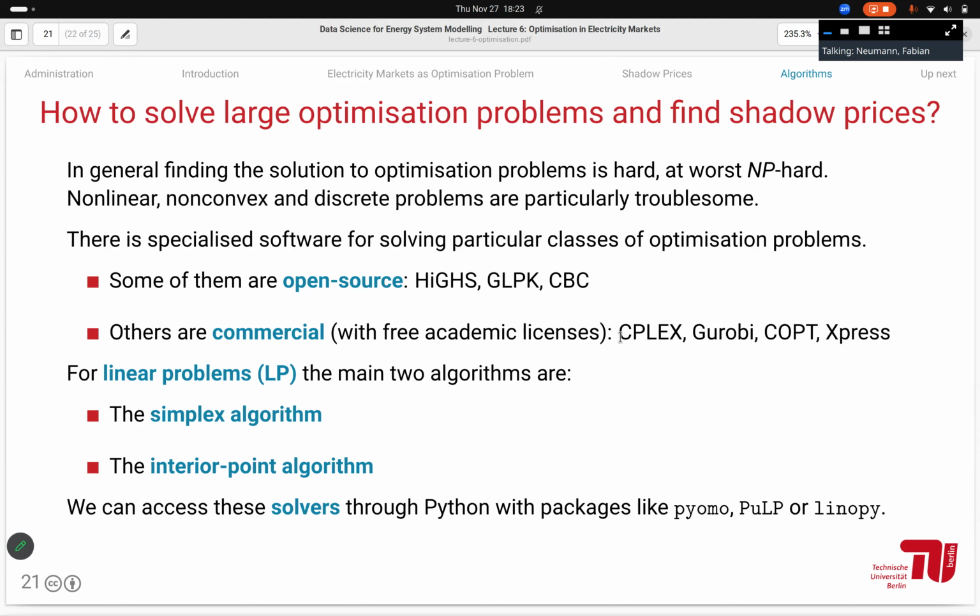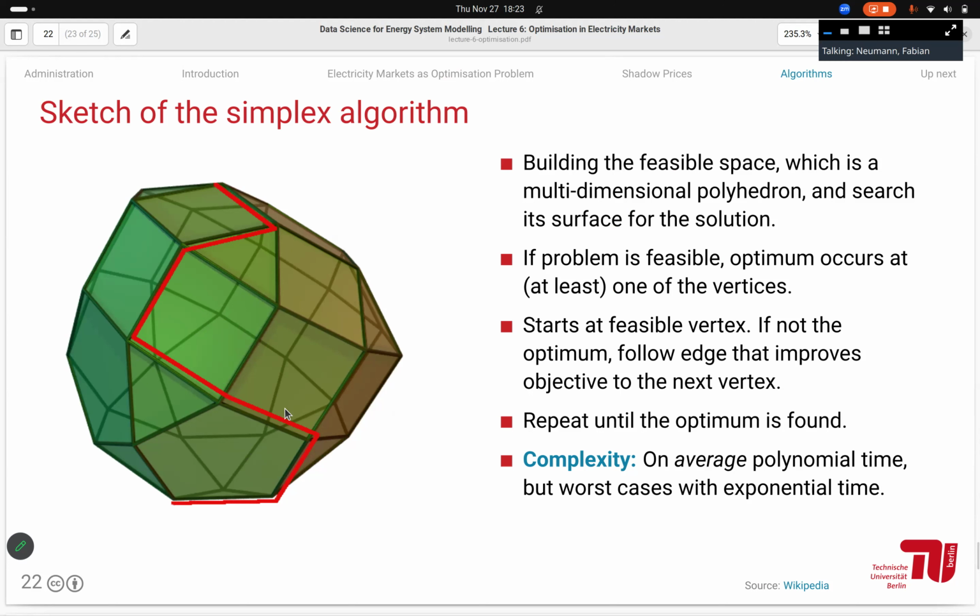In the simplex algorithm, the idea is that you have your feasible space. Each of these faces here would represent one of the constraints of the model. We know from theory that the optimal solution would be on one of the corners of this space.